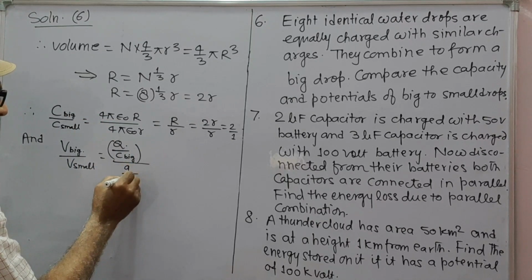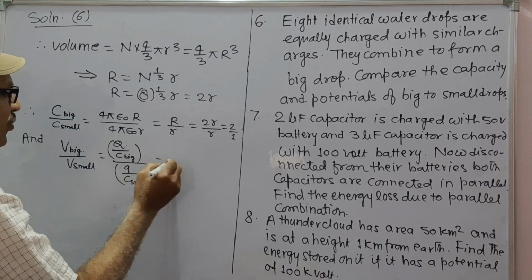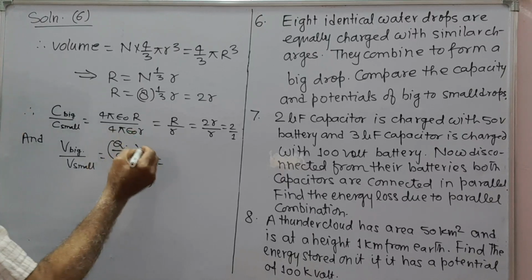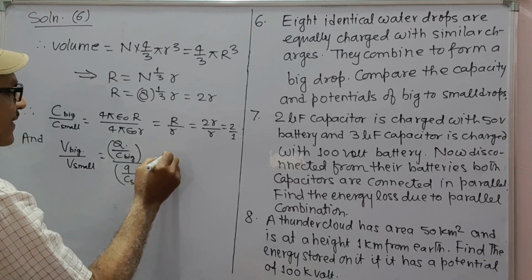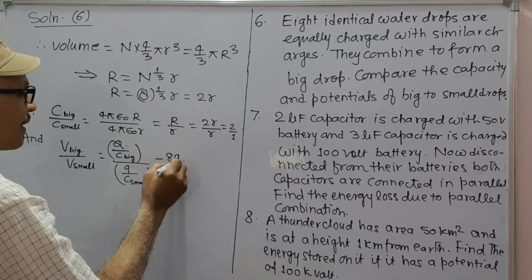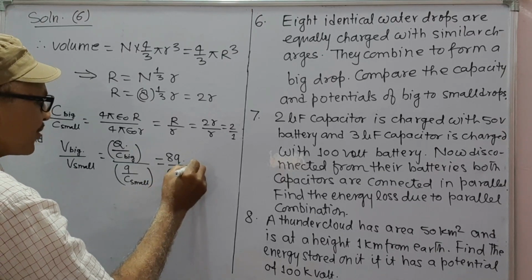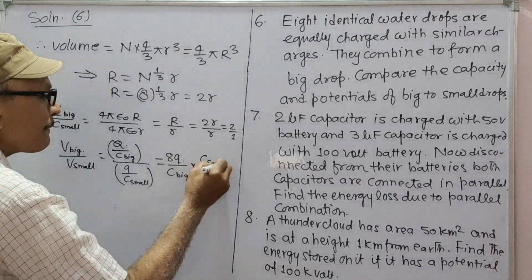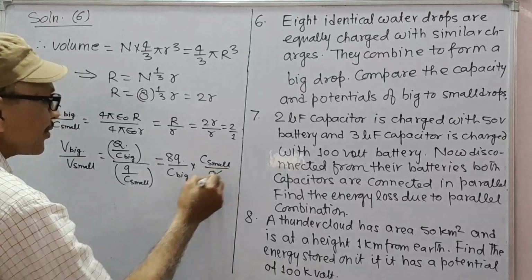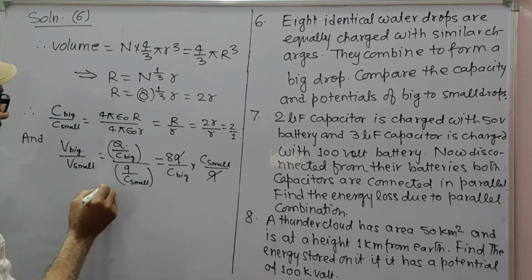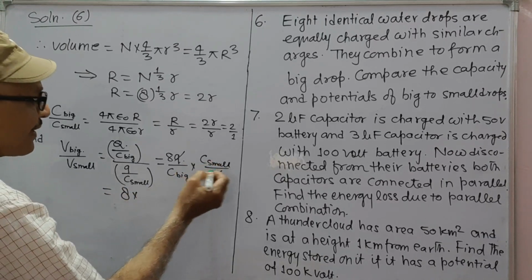So q upon C small, which can be written as capital Q is total charge on 8 drops, that is 8q, upon C big into C small upon q. q cancels and we get 8 into C small upon C big.